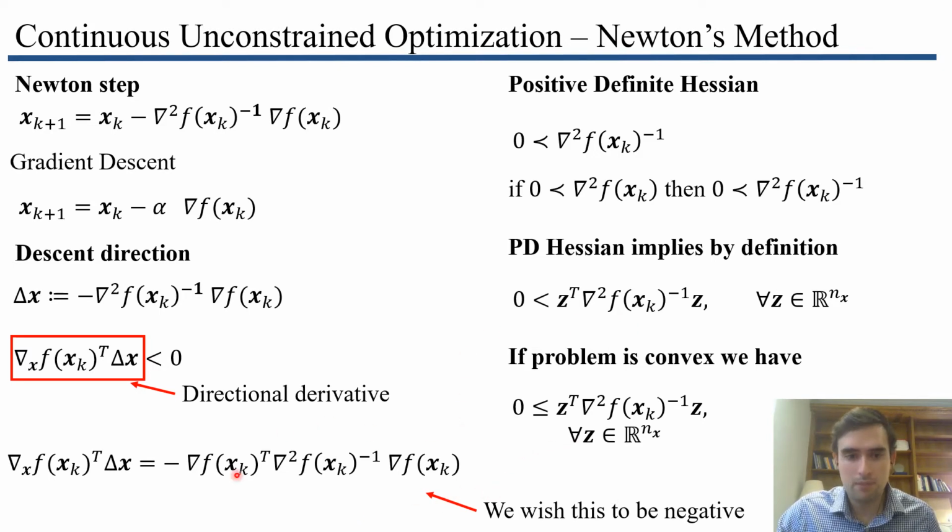And that means that because here we have some vector from the left and from the right, this term is always going to be positive, and then with a negative sign here, this is always going to be negative, and this means that our Newton method is always a decreasing direction. So the point is, when is our Hessian positive definite?